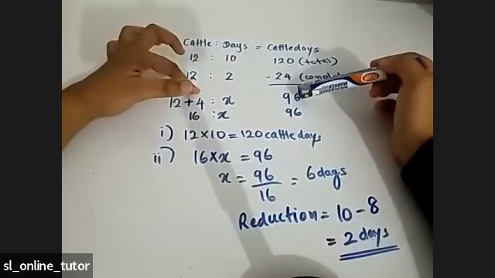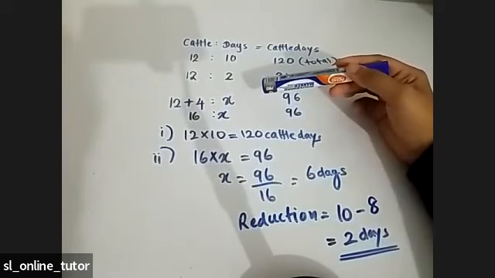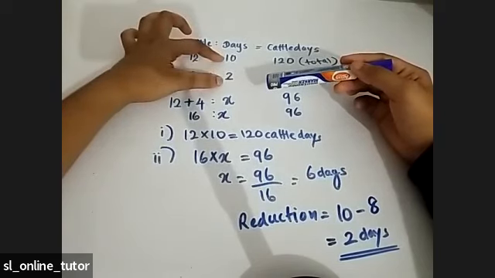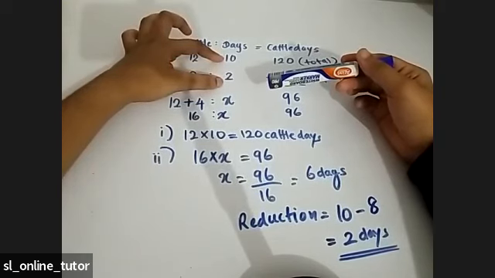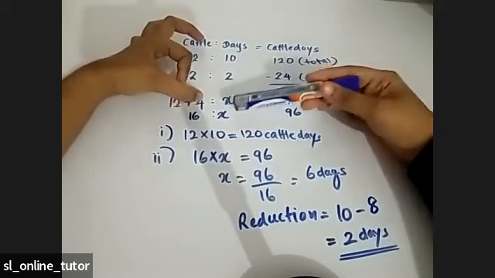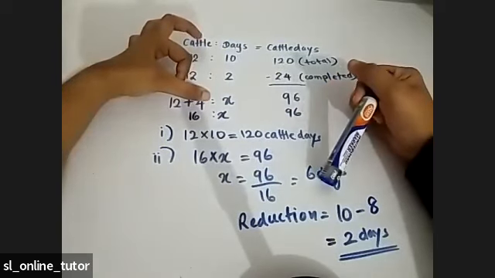Now they are asking for how many days reduction. What is the question? What is the reduction in the number of days for which the food is sufficient due to the increase in number of cattle? So they brought food for 10 days. But 2 days are over. Can you understand? Then another 4 cattle were bought, then 16 cattle are there. We don't know how many days it's enough for. Then when we calculate it, we found it's enough for 6 days.